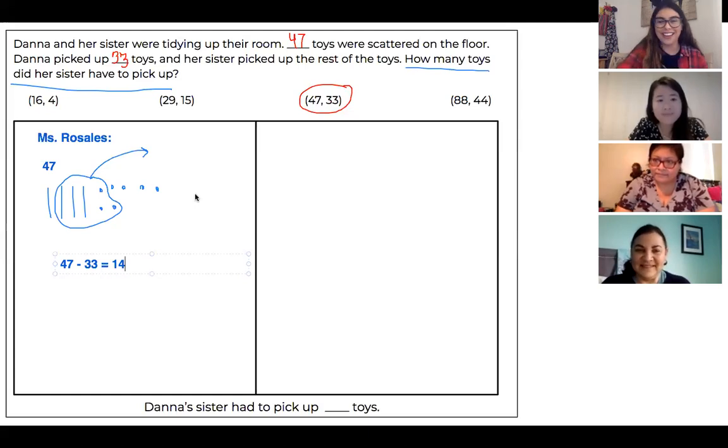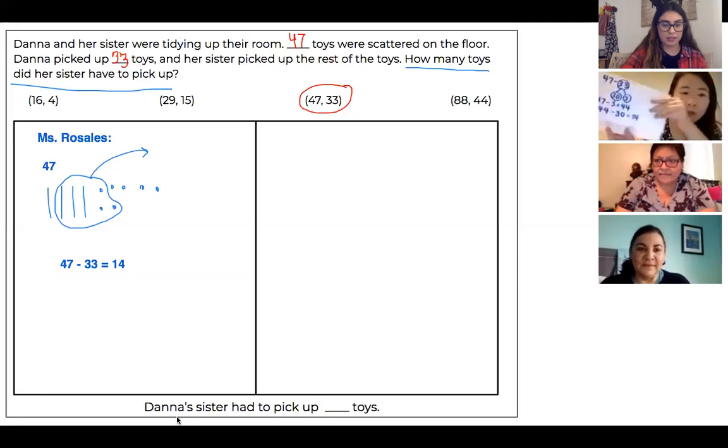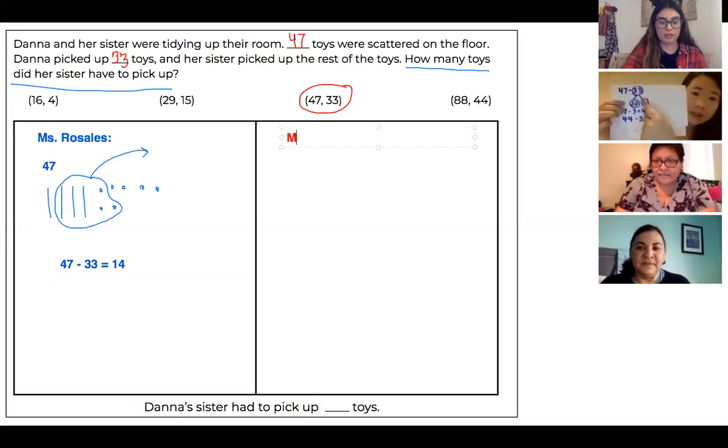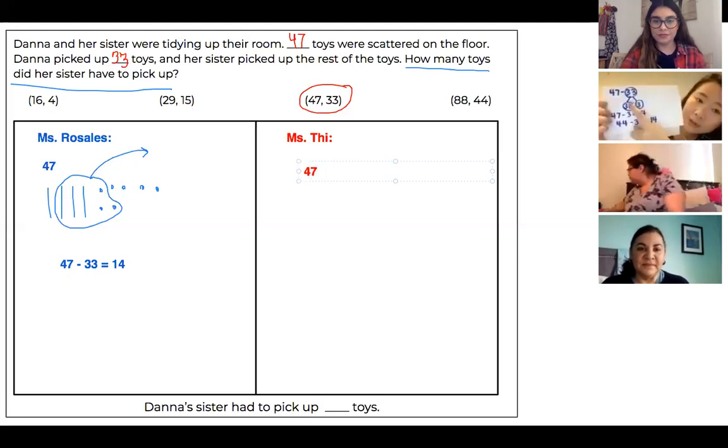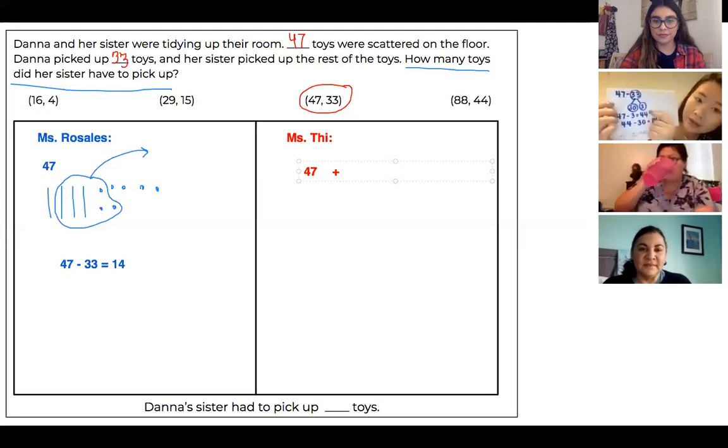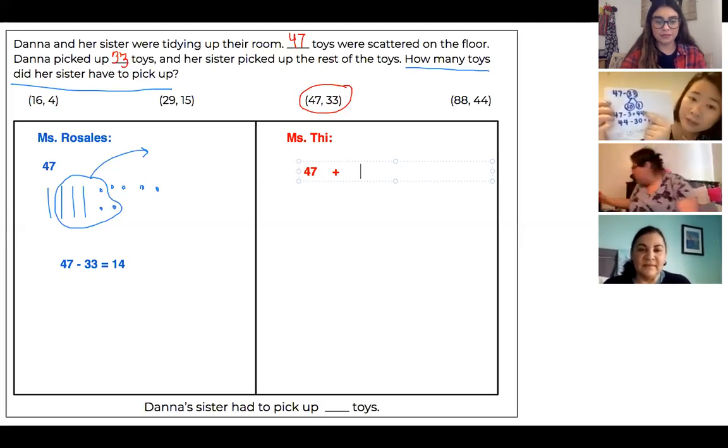We'll see. Ms. T, can you share your strategy with us? Sure. So I rewrote the equation to 47 minus 33 because in the same way that Ms. Rosales said, I knew we were taking things away because there's less toys to pick up. And then I decomposed the 33 into 30 and 3 to make it easier for me to subtract.